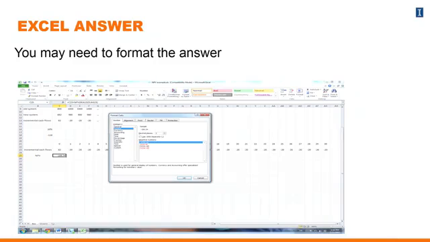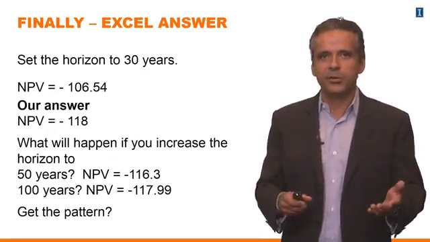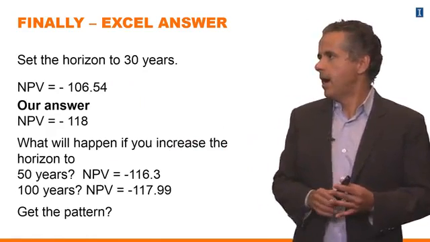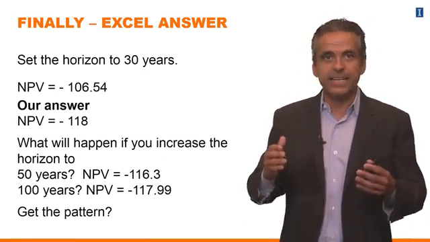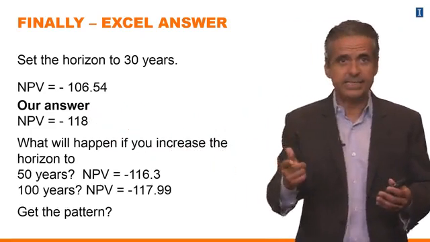I'm just showing you a tab from Excel. You can figure this out on your own, I'm sure, but here is the formatting. Then you're going to get an answer of minus 106.54. Our answer, of course, is minus 118.